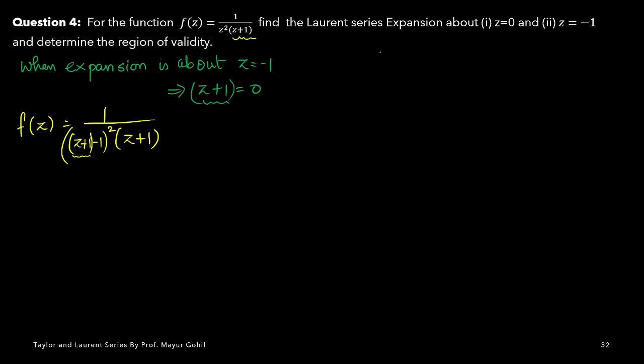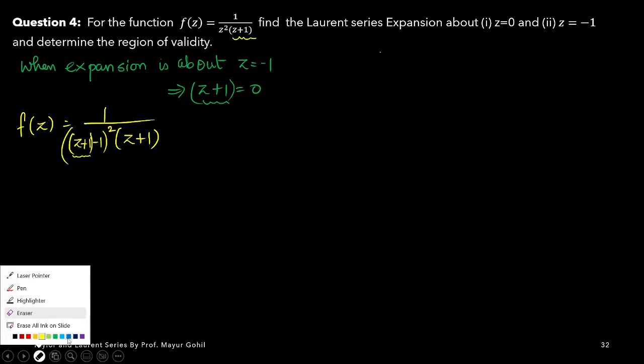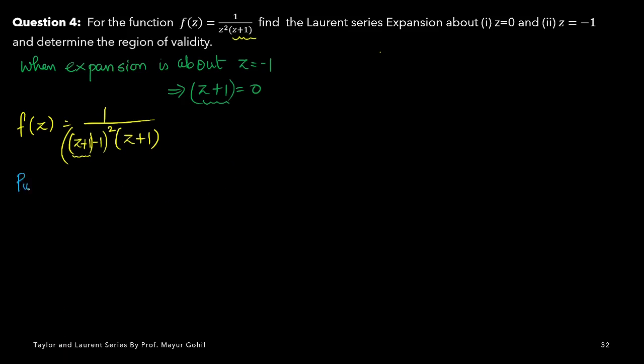You have to remember that will give you the radius. So now see this z plus 1, for time being I am just showing, so you put over here z plus 1 equal to m. So it implies that z is equal to m minus 1, so therefore f of m minus 1 is equal to 1 upon z plus 1 will become m, right? M minus 1 the whole square, and this is m.